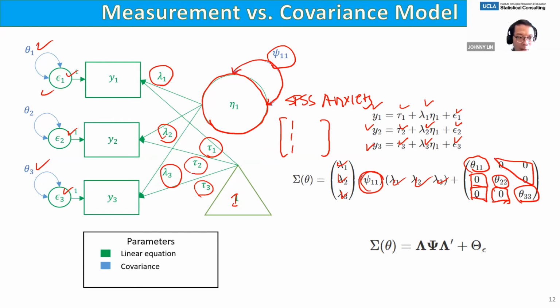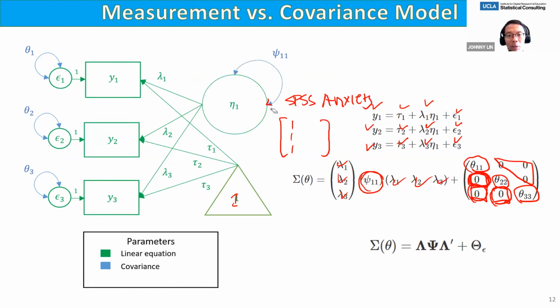When I say 0 in the off diagonal, this is the covariance of item 2 and item 1, so I'm saying that covariance is 0. I'm also saying the covariance of 3 and 1 is 0, and 2 and 3 are 0. Now, what would happen if I didn't set those to 0? How would I draw that path if I allowed the covariance? Do you guys have an idea?